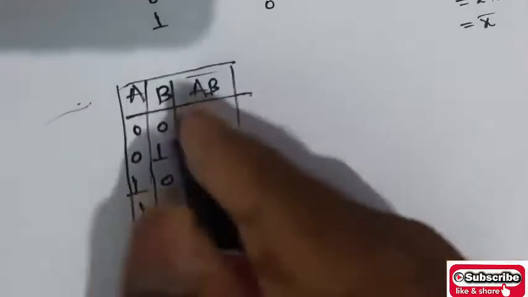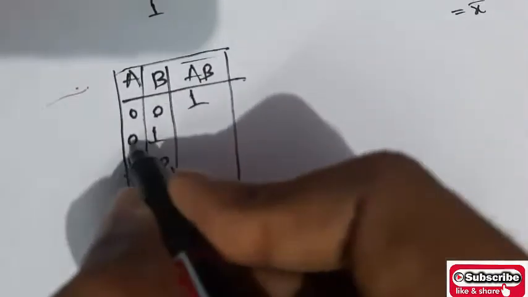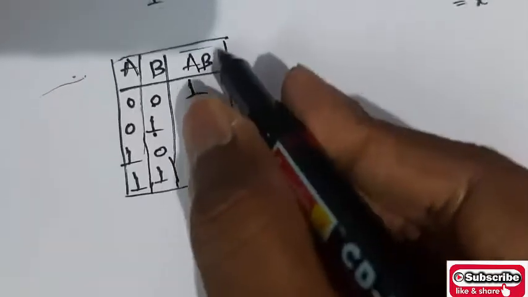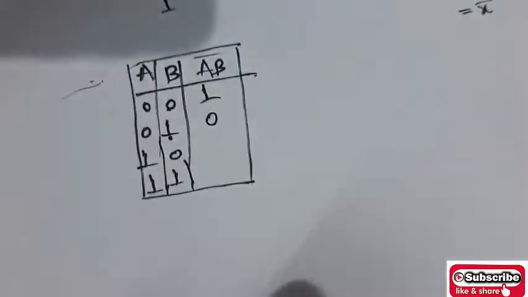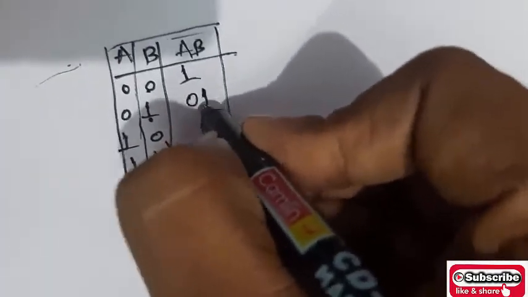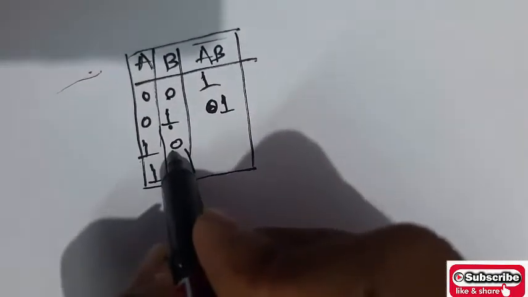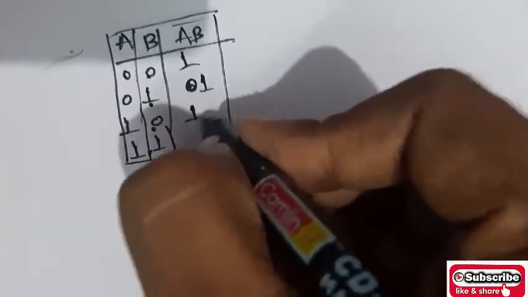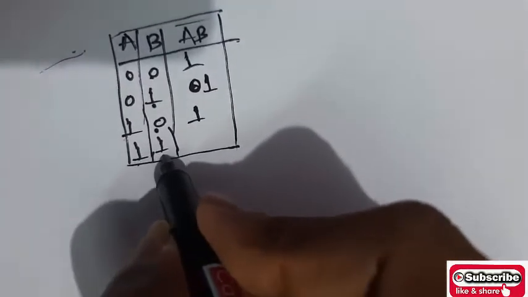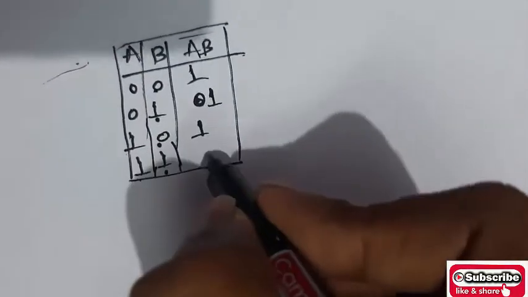It will be 0 0, 0 1, 1 0, 1 1. 0 into 0 is 0, bar will be there, that means 1. 0 into 1 is 0, bar will be there, that means 1. 1 into 0 is 0, bar will be there, that means 1. 1 into 1 is 1, bar will be there, that means 0.